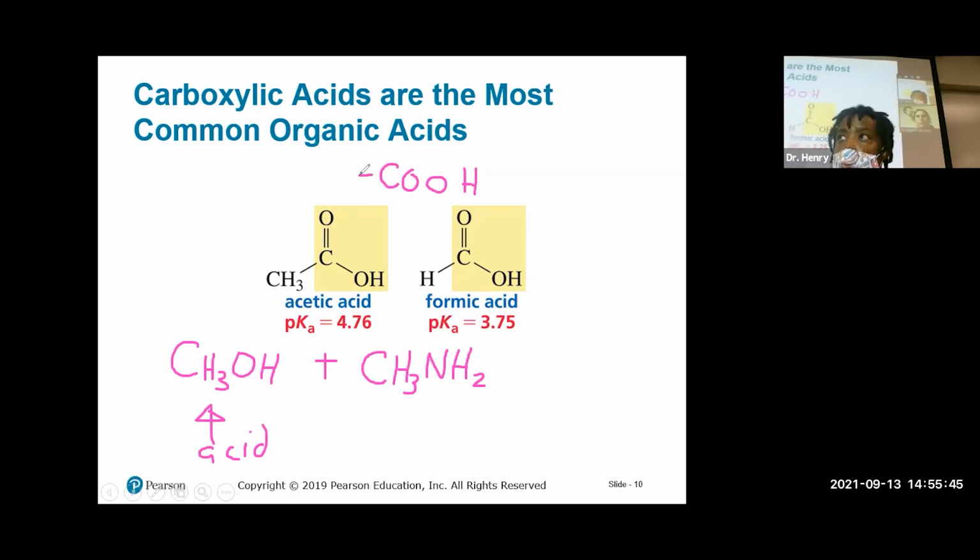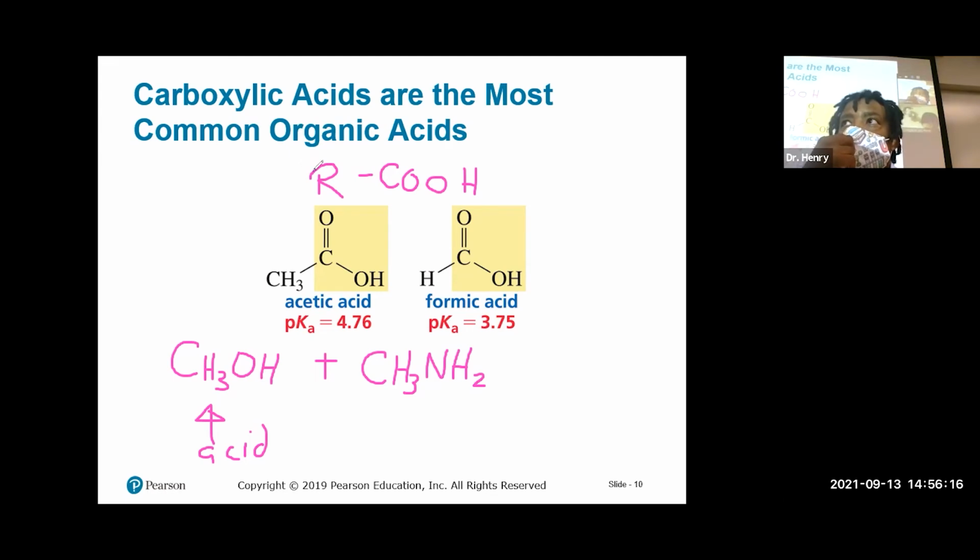And we'll put an R here. R means any hydrocarbon or any functional group. So it could be anything, right? So this is like the root of a carboxylic acid. Carboxylic acids, we know that they're going to have pKa's that are lower than alcohols, but they're going to be weak acids, naturally weak acids, right?